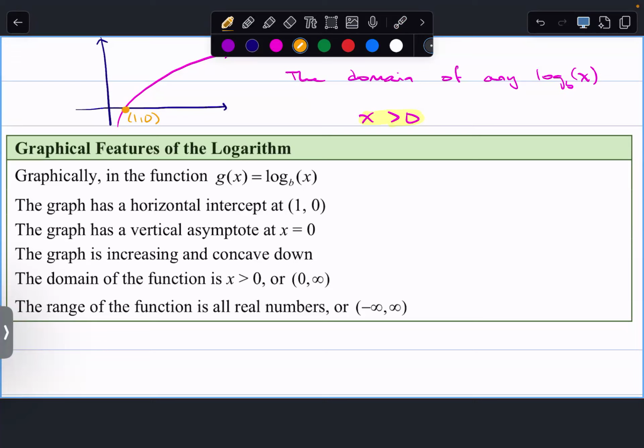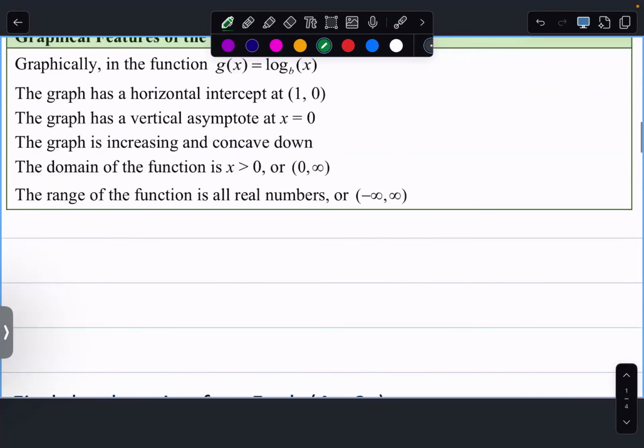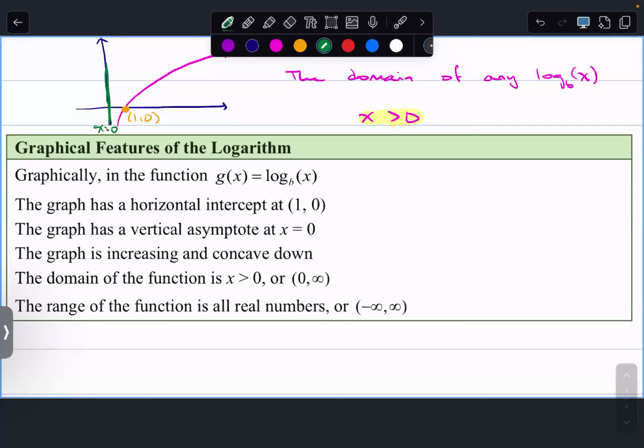The graph has a vertical asymptote at x equals 0, meaning it'll approach x equals 0. We're allowed to take values very close to 0 in the log, but we can't take it at 0.